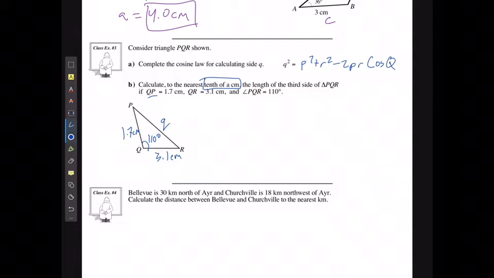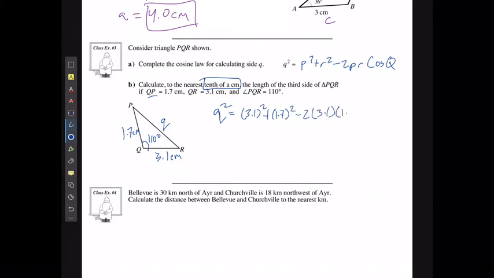Well, we have a formula up there. Q squared is going to equal P squared, which is going to be 3.1 squared, plus R squared, which is 1.7 squared, minus 2 times 3.1 times 1.7 times cos of 110.